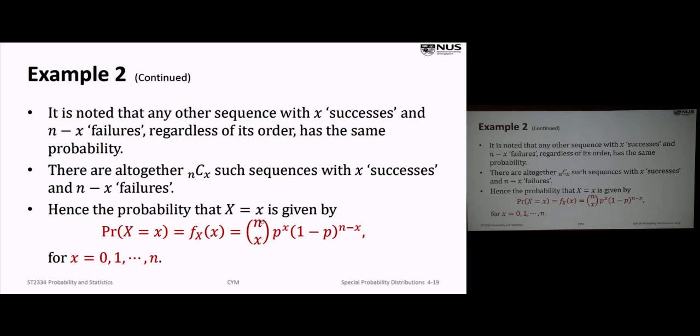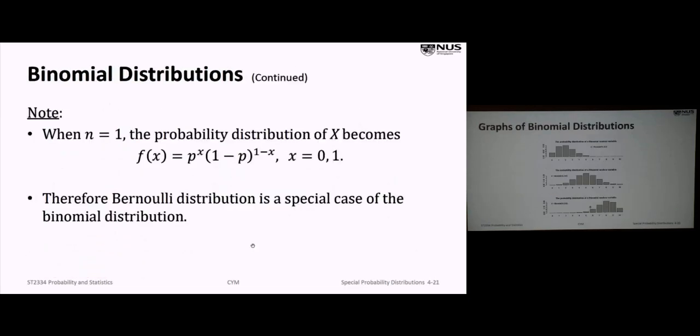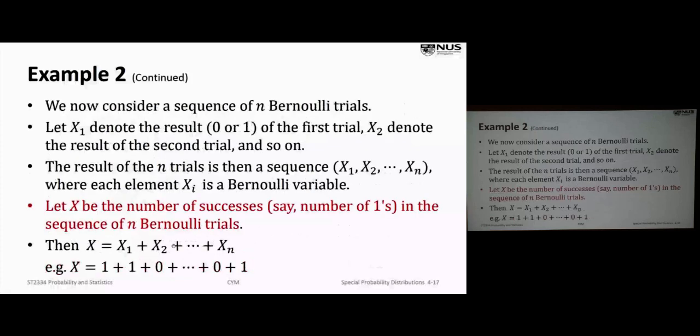This thing here is our binomial coefficient that we've been seeing for the past few weeks. And we're reminded that the definition, if you like, of a binomial distribution is essentially this: x, the binomially distributed random variable, is equal to a sum of independent and identically distributed Bernoulli trials, x1 plus x2 plus dot dot dot plus xn, where these xi's are Bernoulli with success probability p and independent of each other.